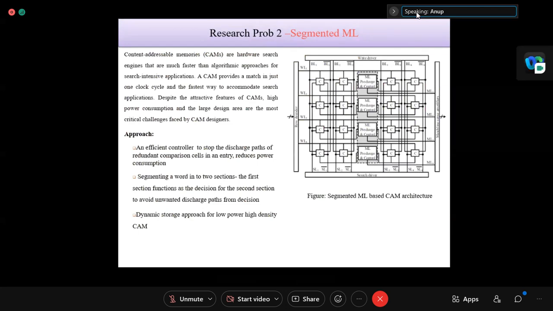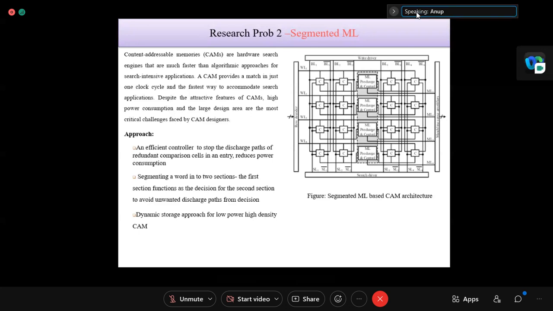Research problem 2, segmented ML. So in ML, in every cell we are checking whether it is matching or mismatching. In the middle, if any mismatch is there, then ultimately the total line will be mismatched, right?